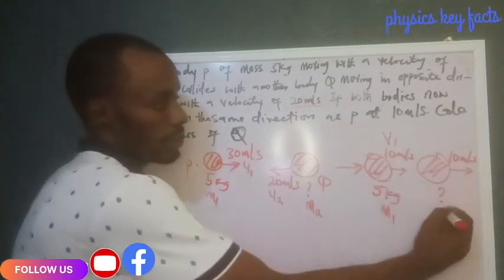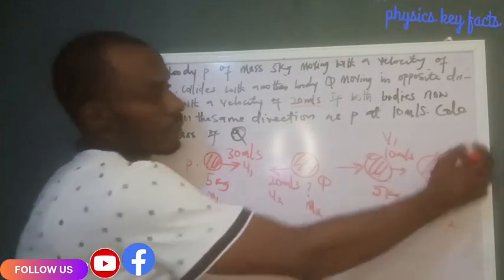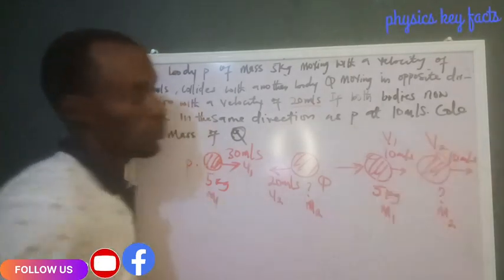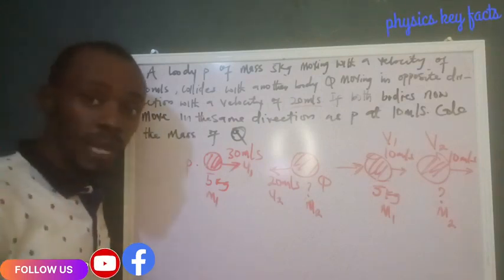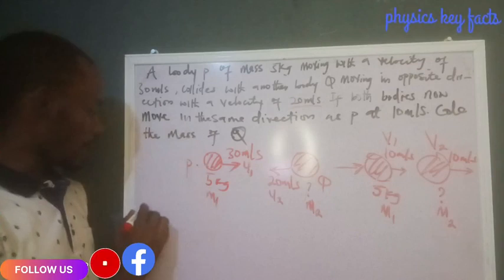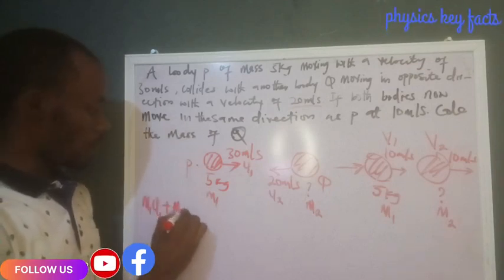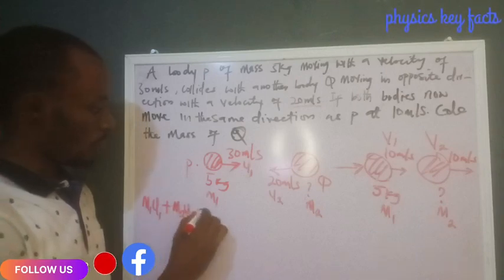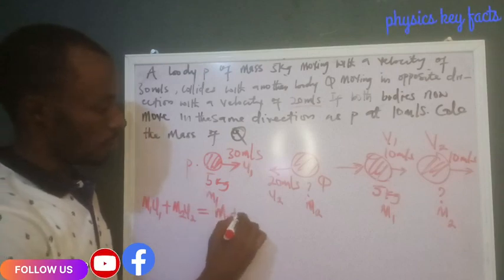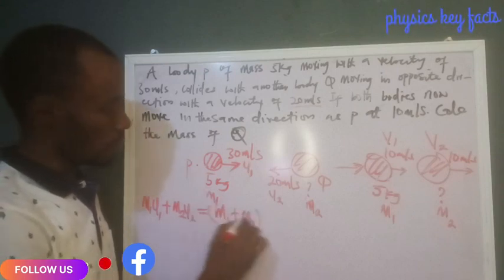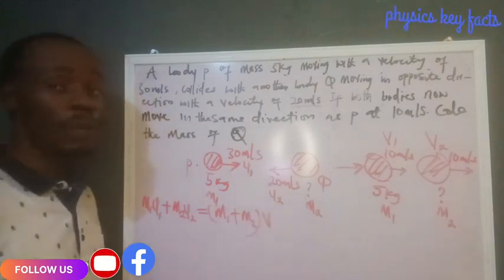And then this body has a mass m2, which is what we don't know, and a velocity of v2, which is 10 meters per second. So we gave a formula in our last class that m1 u1 plus m2 u2 is equal to m1 plus m2, open and close bracket, v. That's the formula we get.